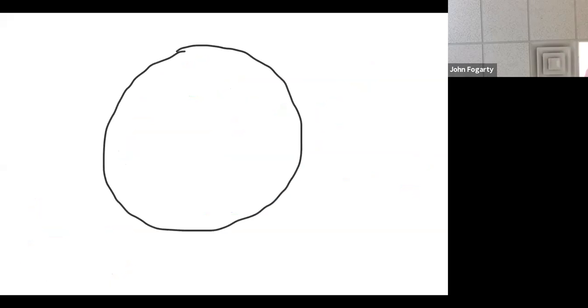I'm going to draw a circle. I'm going to put a few things on it, and I'm going to label it a little differently.